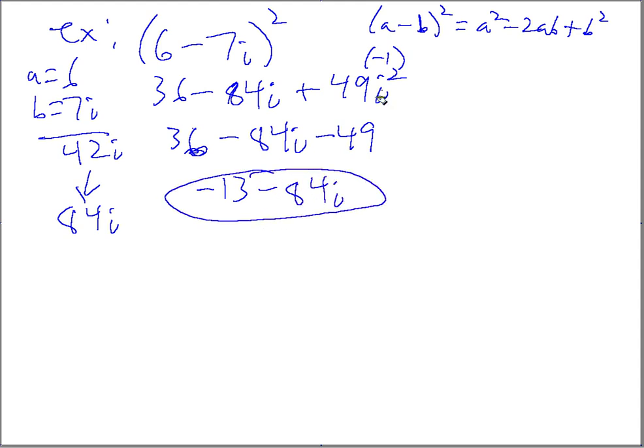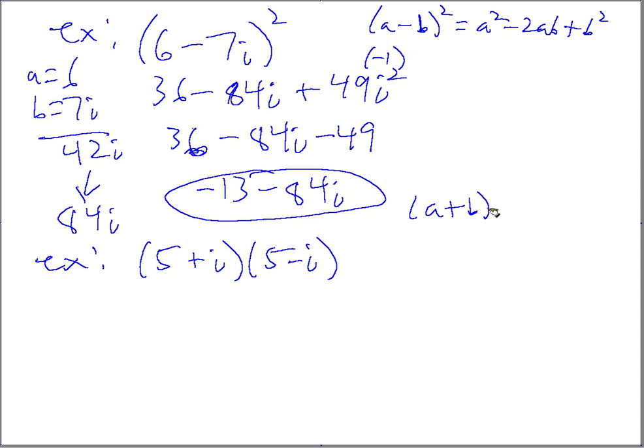All right? So know the formulas, right? They might come in handy. All right, let's try this one. Let's look at the third formula we had, right? Remember we had this formula as well in the past. Look at 5 plus i times 5 minus i. All right, again, this is of the form A plus B times A minus B, right? Let's recall that formula. Difference of squares, right? A squared minus B squared formula.